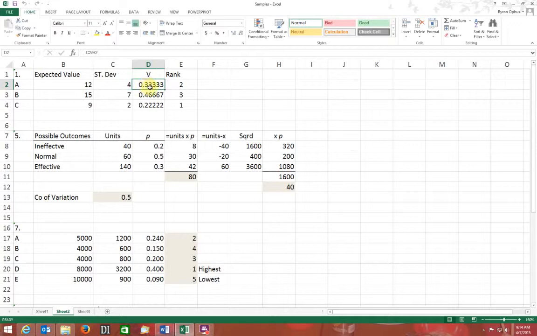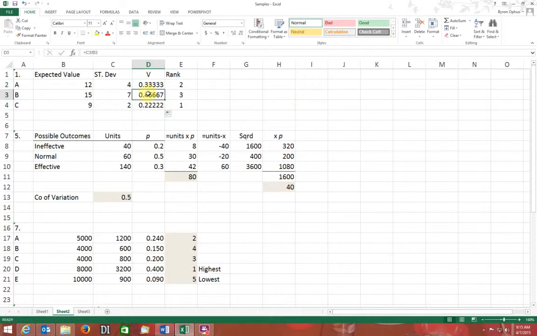Your formula for calculating the coefficient of variance is simply equal to the standard deviation divided by the expected value. Bingo. Isn't Excel great? And because that formula is going to stay the same and we want our references to move, away we go.